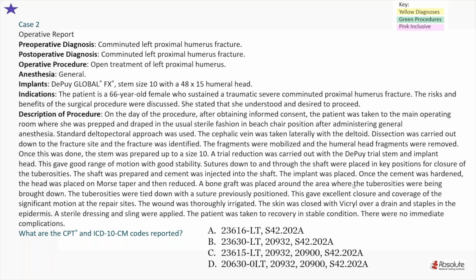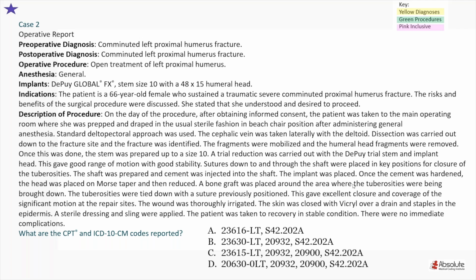Dissection was carried out down to the fracture site and the fracture was identified. The fragments were mobilized and the humeral head fragments were removed. Once this was done, the stem was prepared up to a size 10. A trial reduction was carried out with a DePuy trial system and implant head.